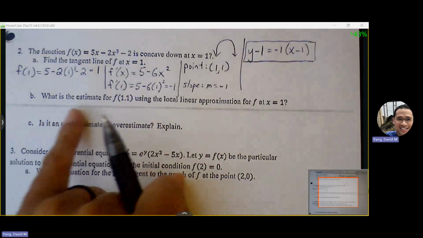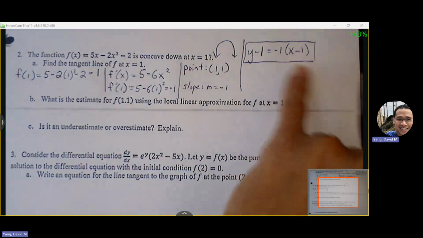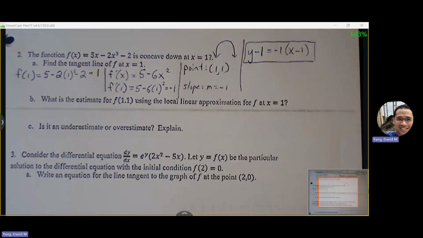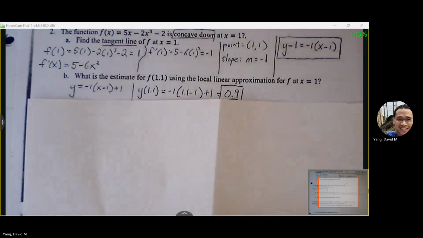Okay. So now it says, what is the estimate of f of 1.1? So all we do is insert that decimal into our tangent line. So I just want to solve for y, plug in the 1.1, I get a value of 0.9.